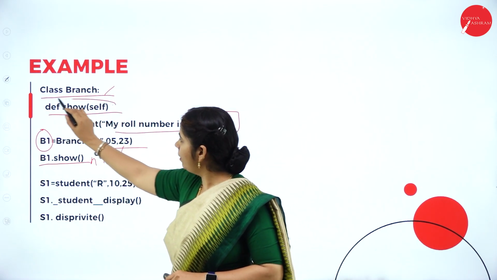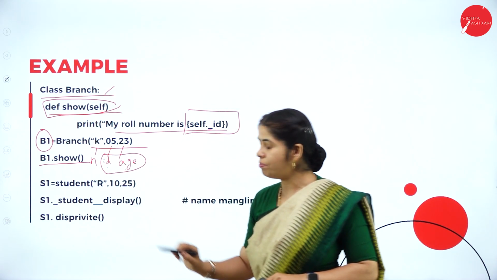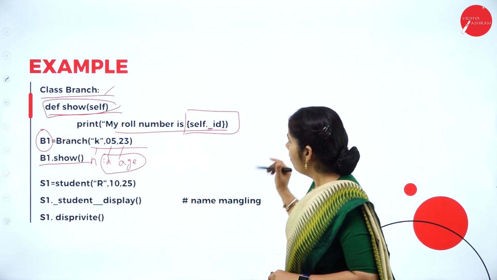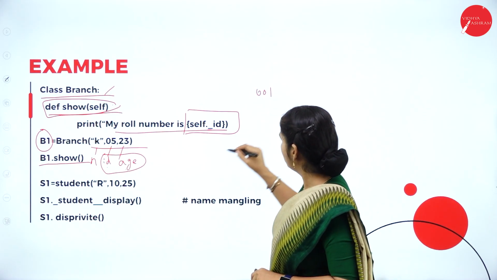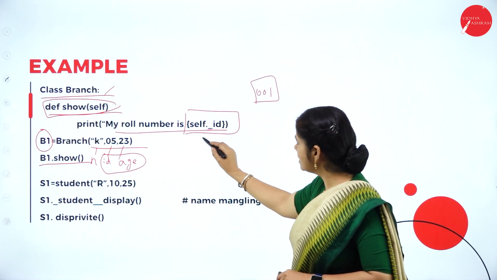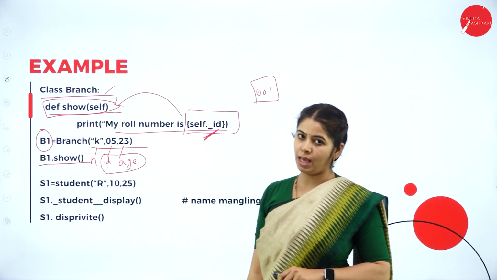When I call the public function, I am also allowed to access this protected and private data. What will the output be? My roll number is what we have given, 001. Yes, "my roll number is 001" will be displayed. You are accessing the protected data using the public method.